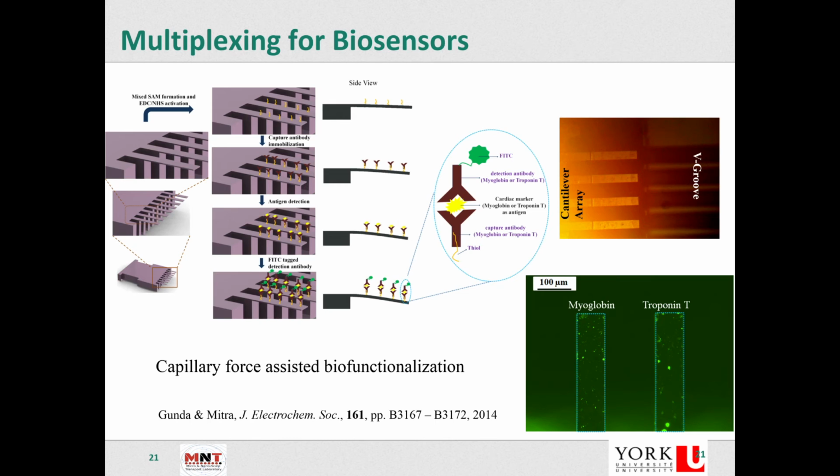So what we call in biosensing is multiplexing. Multiplexing is a very big advantage. So in a single device, you can have various organisms or target molecules which you can detect at the same time.